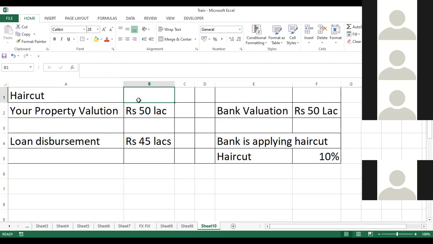Right, absolutely. That's rightly said. So the bank is going to minimize its risk. The bank cannot give you the complete value of the loan, and the reason is there can be chances that the property price falls, right? If that happens, there is a risk to the bank because the bank has already lent you the complete value of the loan.